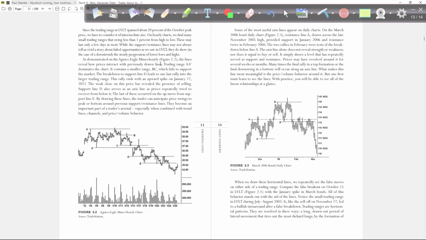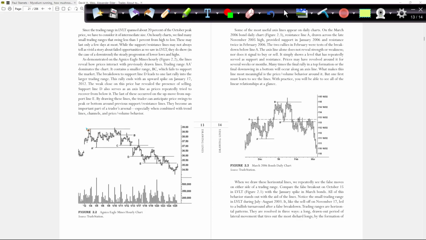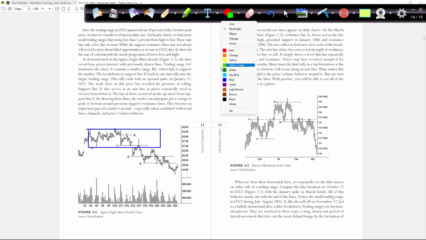Okay, trading range A-A dash dominates the chart. It contains a smaller, this trading range, the larger trading range, right, which dominates the chart, and it contains smaller ranges like B and C. So what we have is this larger trading range, right, and then we have this smaller trading range.